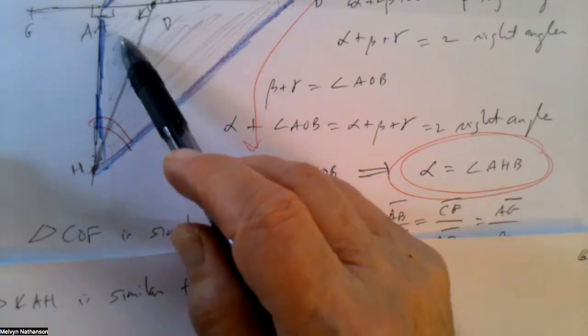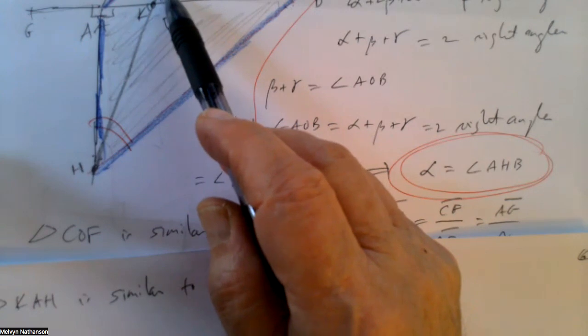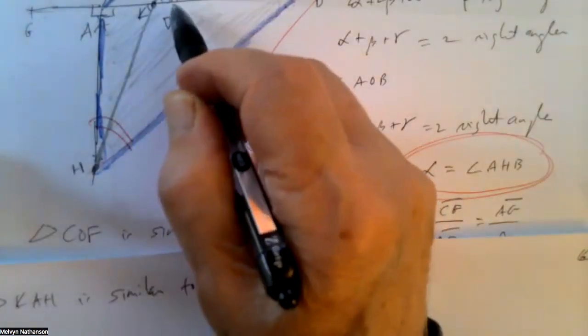So this means that the ratio of the length AH to the length AK, the long side to the short side of this right triangle, will be the same as the ratio of the long side to the short side of this little triangle, OD over KD.